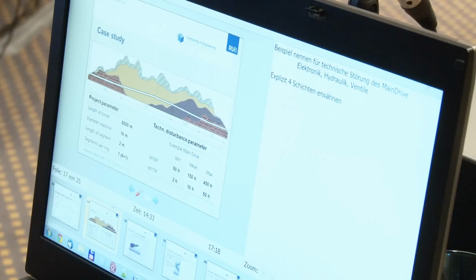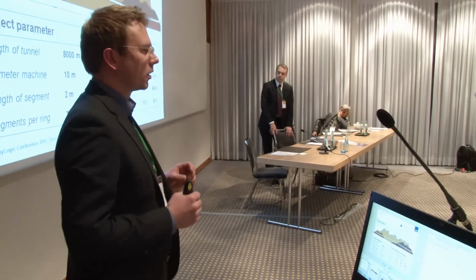Each segment is 2 meters wide or long, depending on which way you look at it. So actually you have to construct 4,000 rings to build a complete tunnel. And the segments per ring are 7, or in tunnel language you have 6 plus 1, which means you have 6 normal segments and 1 key segment to really fixate the ring itself.